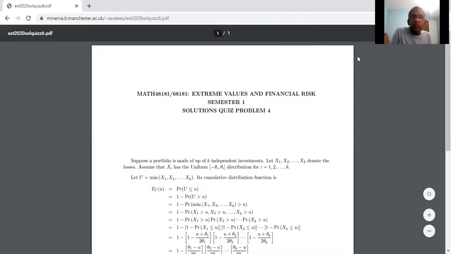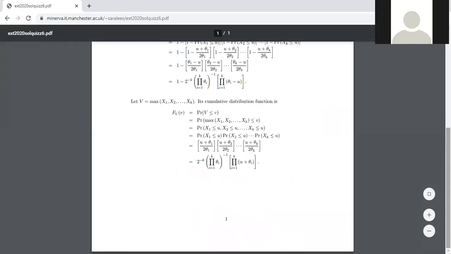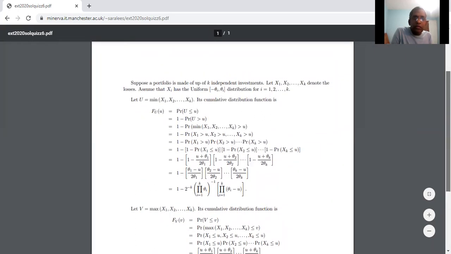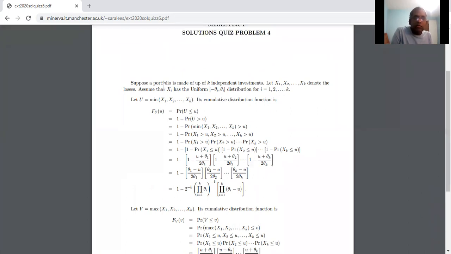This is the solution. I think most of you got this correct, but some of you thought that the case was IID, which is not. As you read the question, it says, assume that xi has the uniform minus theta i, plus theta i distribution for i from 1 to k, which clearly means that xi are not identically distributed, right?